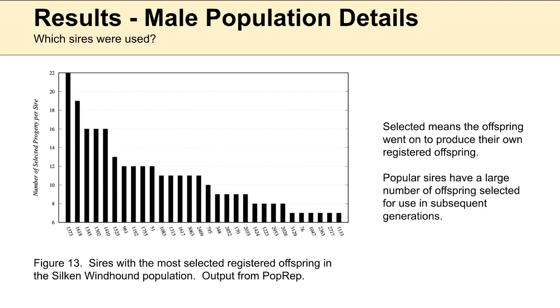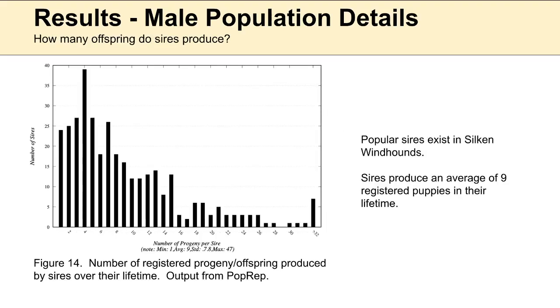And that is a huge number of Silken Windhounds that could make up the available breeding pool for that generation. So this means that popular sires have a large number of offspring being selected for use in subsequent generations, which is not great for diversity.